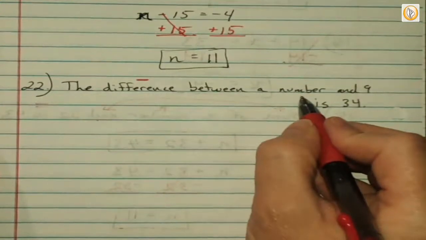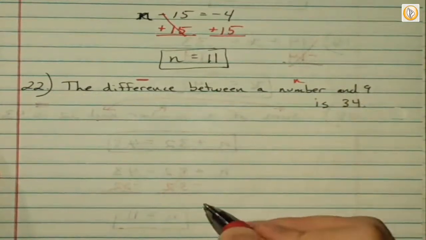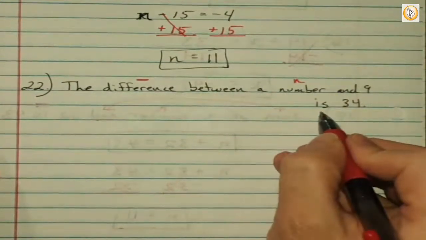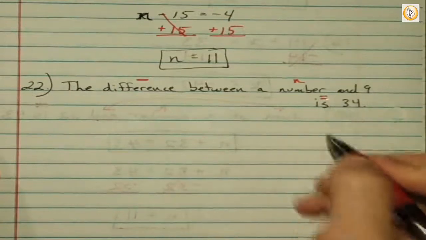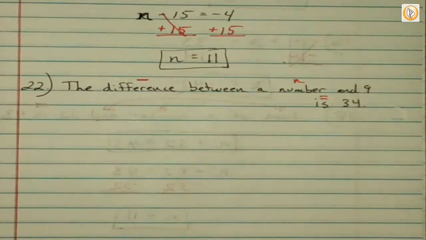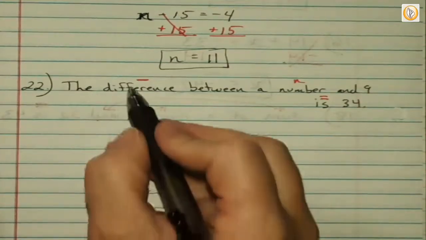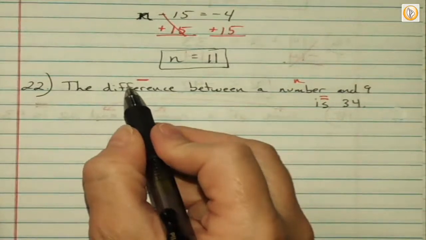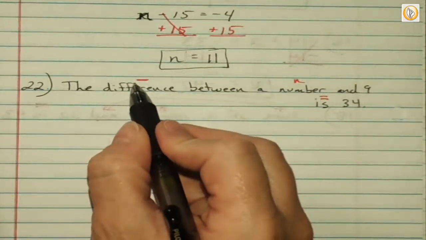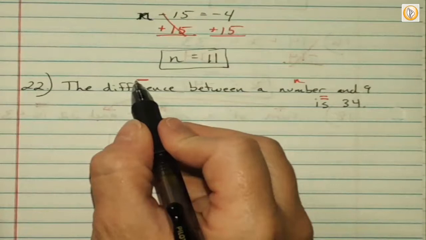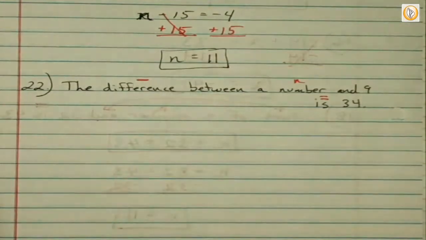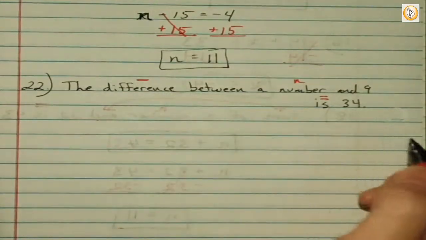What is number? n. And what is equals? I haven't done difference in a while. Why do you think I have this chart up here? Okay, so question. Where is the minus sign going to go? Between n and 9.